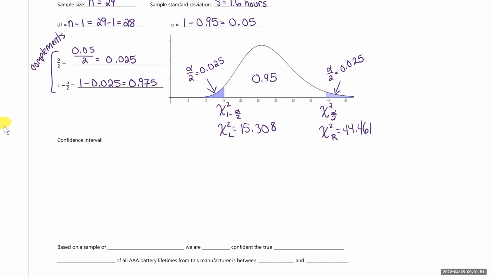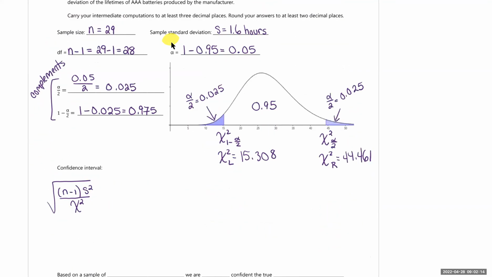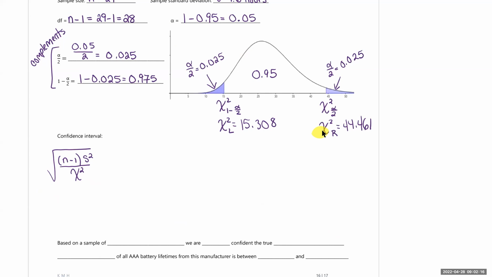So our formula is the square root of n minus 1 times s squared, and that gets divided by chi-square. I'm just going to point out that when I wrote the formula, I used this notation, chi-square alpha over 2, and that is the chi-square right value.